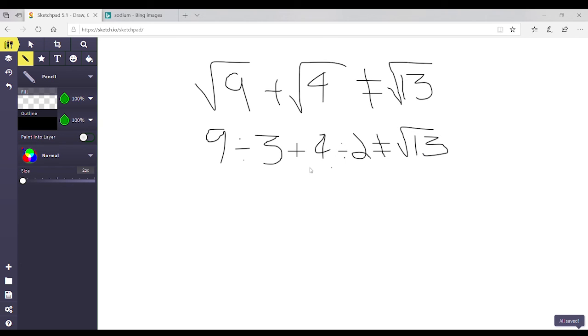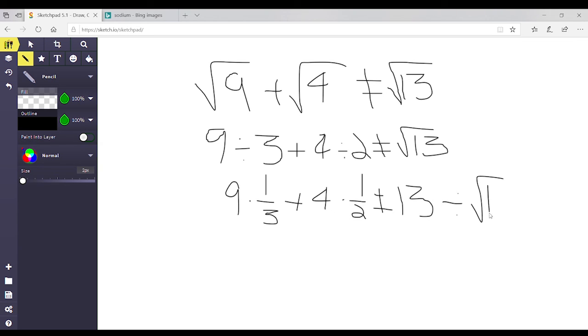This is because this is basically like saying 9 times 1 over 3 plus 4 times 1 over 2 does not equal 13 divided by the square root of 13. We don't know what the square root of 13 is, but it's the same sort of thing.